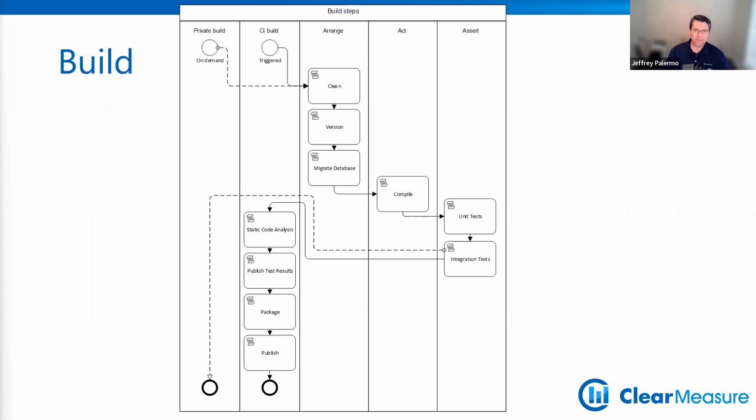A lot of them are free or so affordable. The integration build continues on, publishes test results, and then packages up the deployable release candidate packages and publishes those out to Azure Artifacts or GitHub or wherever you do it.